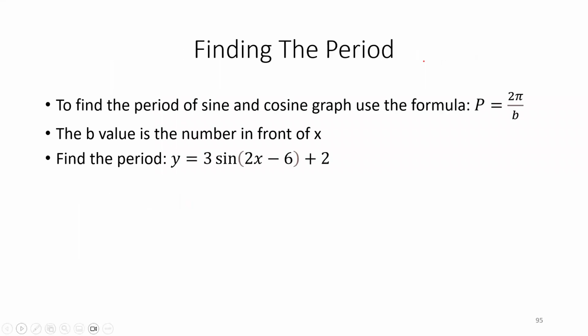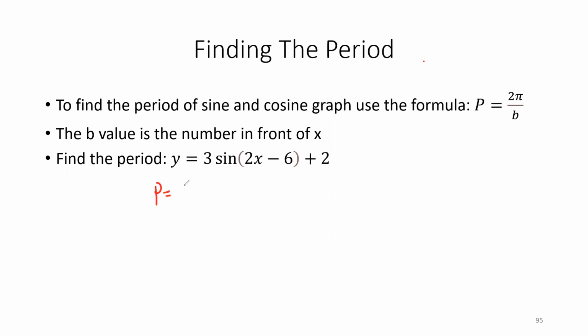Finding the period, I think I should have done this slide first. To find the period, you do period equals 2 pi over b, and b is the number in front of x. So this says find the period of the graph y equals 3 sin of 2x minus 6 plus 2.